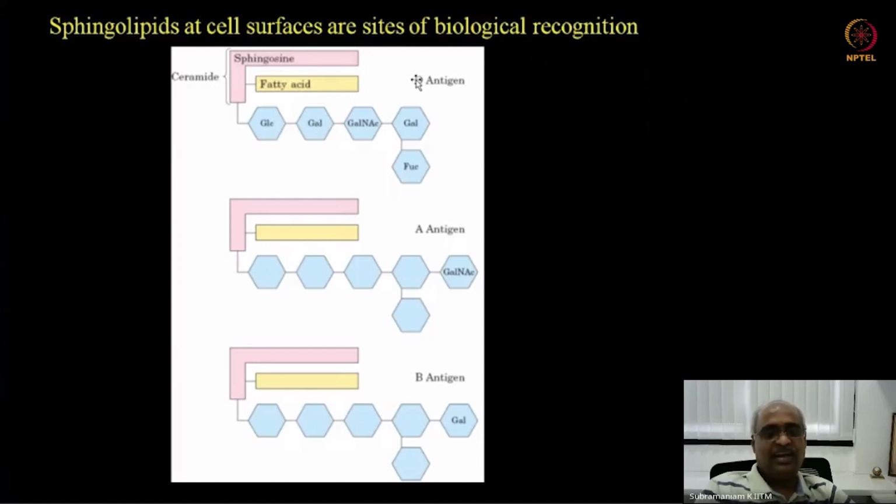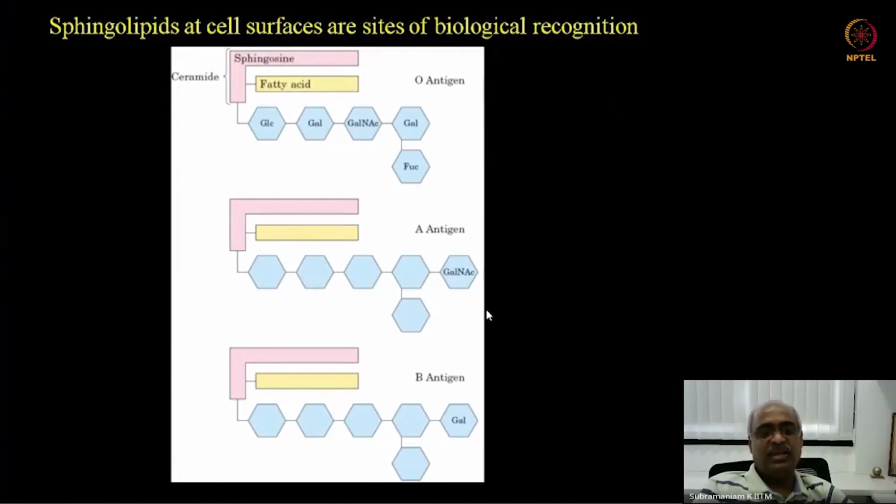Okay, and if you attach one N-acetyl galactosamine to this galactose, you get your A group. So antibodies specifically bind to this that do not recognize this. And instead of N-acetyl galactosamine, if you have just galactose, that is the B antigen. So this is the biochemical basis of the ABO blood group.